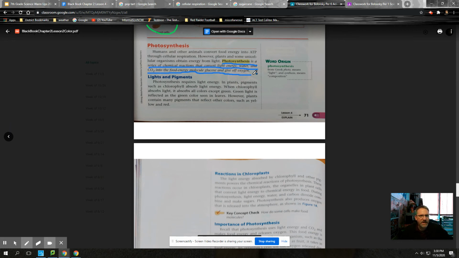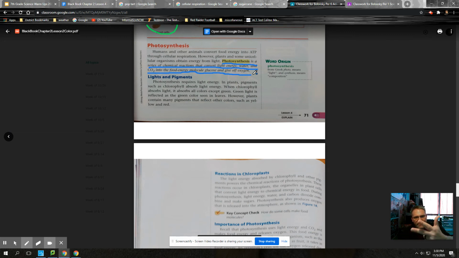All right. So photosynthesis is a very important process, especially for plants. It's how they make their food, and they make their food from three things: light energy, water, and carbon dioxide. When those three things are mixed together, it creates sugar, water, and carbon dioxide.